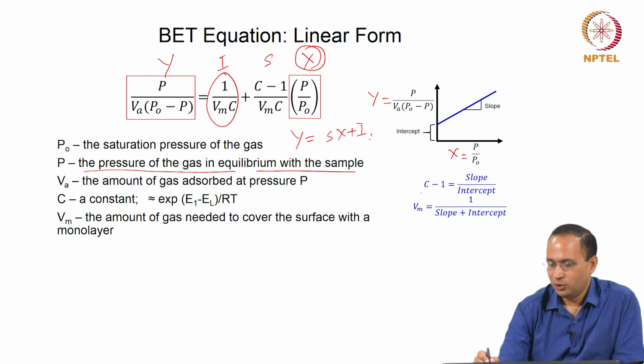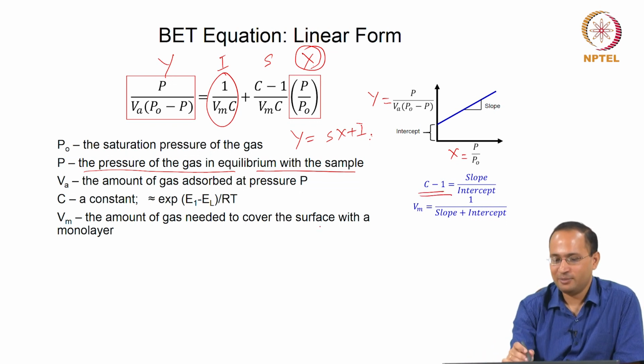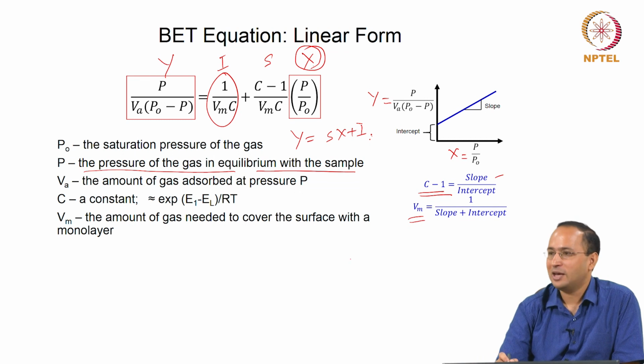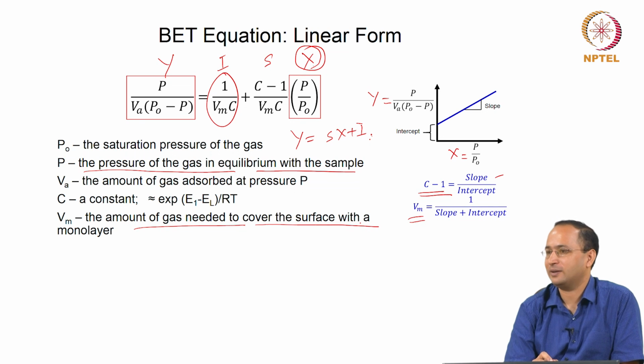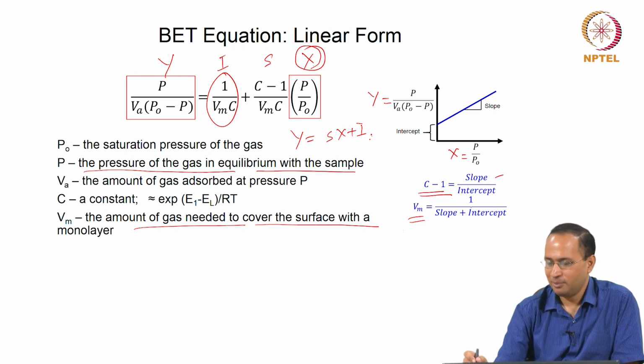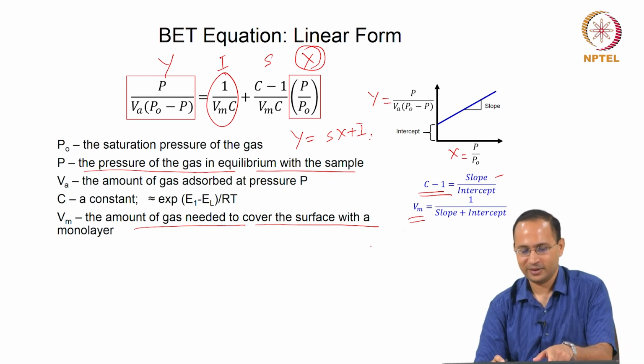Basically, you can get the constant C: C minus 1 is nothing but the ratio of slope and intercept. You get this plot, you measure the slope, you measure the intercept, divide, and you will get the constant C. Also Vm, the amount of gas needed to cover the surface with a monolayer, can be calculated as 1 over slope plus intercept.